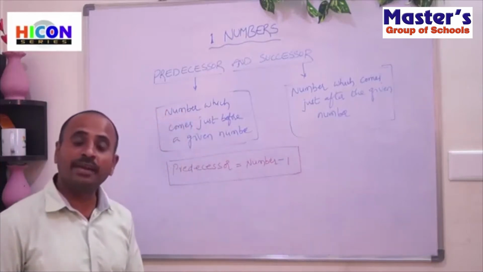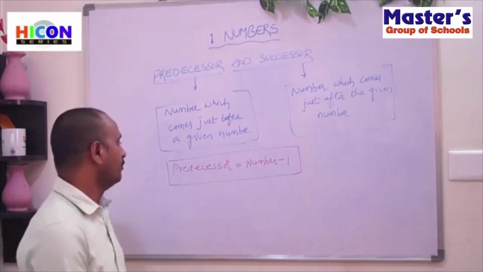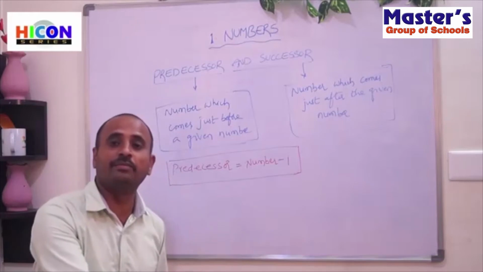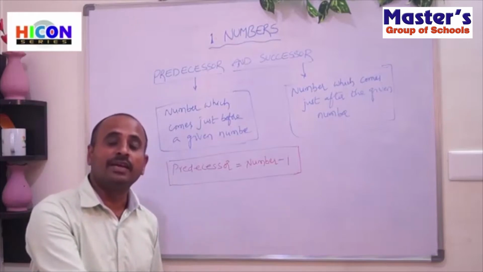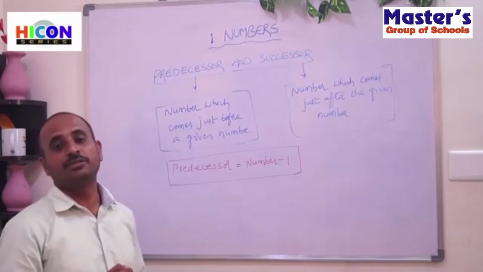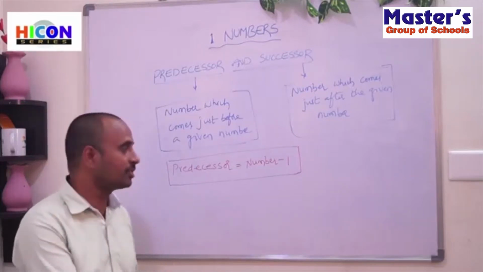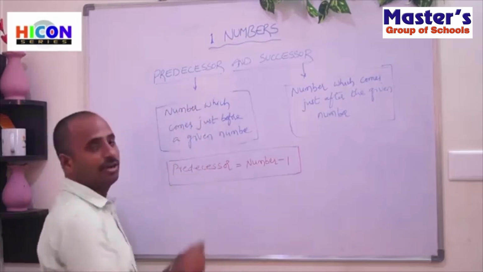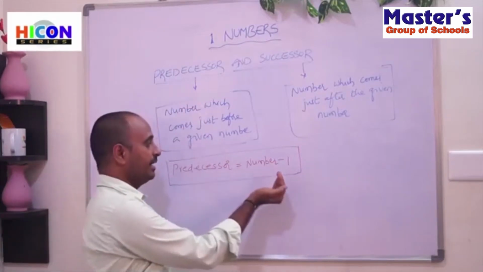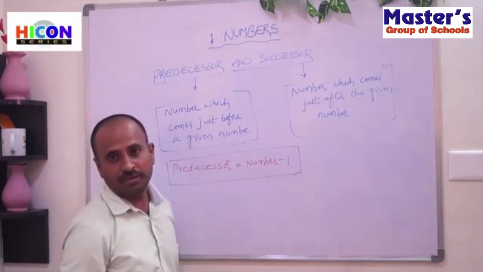That means if we subtract 1 from the given number, we will get a number which comes just before the given number. So the number which comes just before the given number is called predecessor, and predecessor can be obtained by subtracting 1 from the given number.